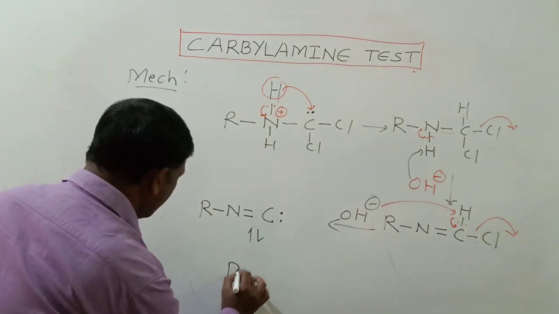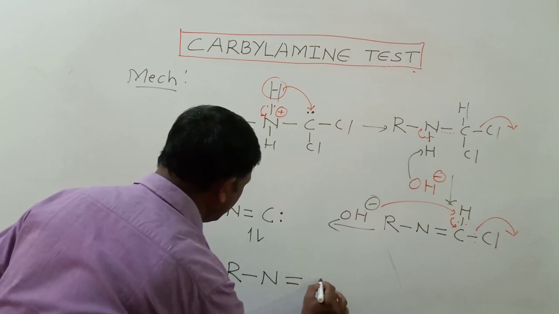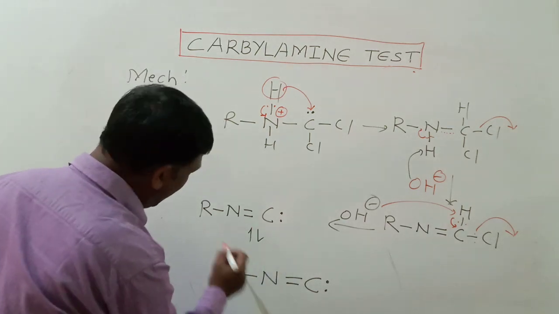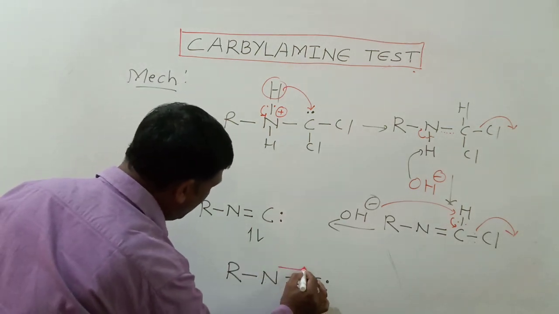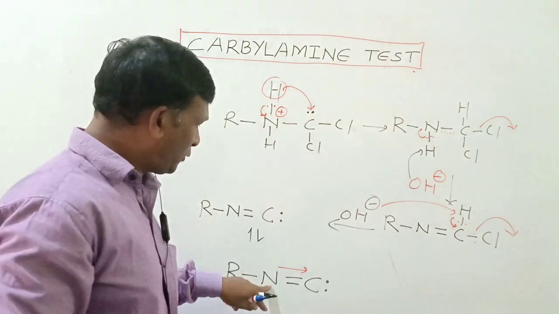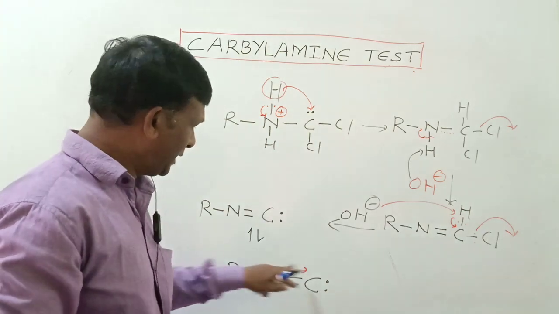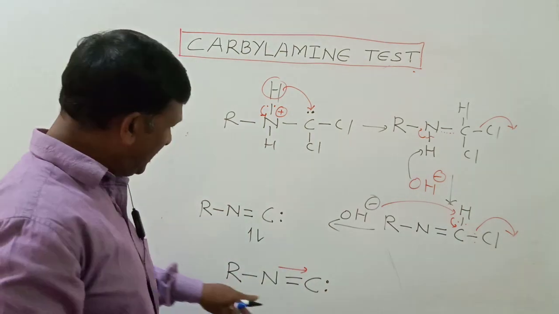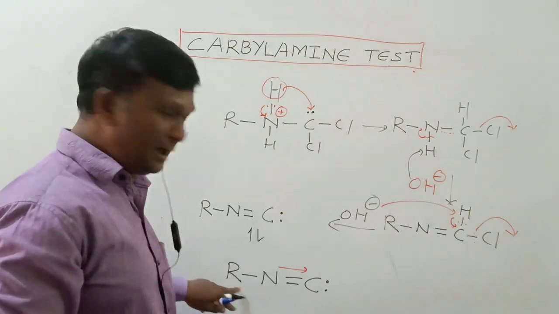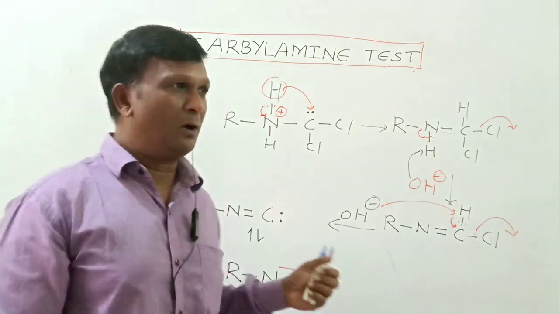So the compound formed over here is this species, and a coordinate bond is formed between the nitrogen and the carbon. As the nitrogen shares its electron pair with this carbon, there will be a coordinate bond. So ultimately we will obtain this product which is called alkyl isocyanide. So that is all about the mechanism of this reaction.